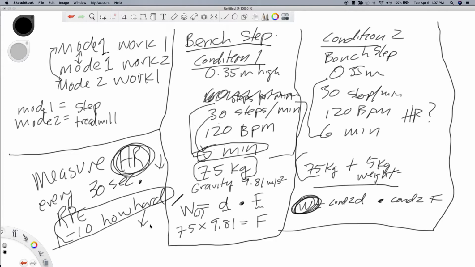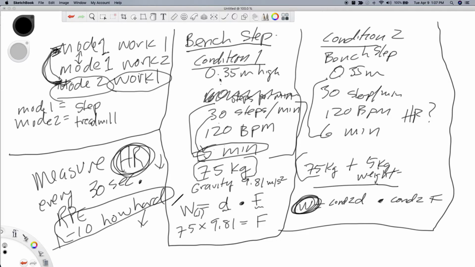Now, let me cover mode 1 versus mode 2. What I want to see here is that you do a different type of exercise than a bench step, but you match the total amount of work that you do. So, for example, in condition 1, if we do a 0.35 meter bench step at 30 steps per minute for 5 minutes, that's 150 steps.